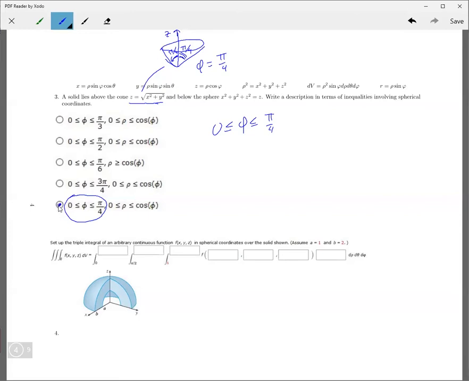But let me show you how to resolve this piece right here. So the left-hand side is just rho squared, right? And the right-hand side is z, but z is this. So you have rho equals cosine phi when you cancel the rho out. That's how you get this piece here.